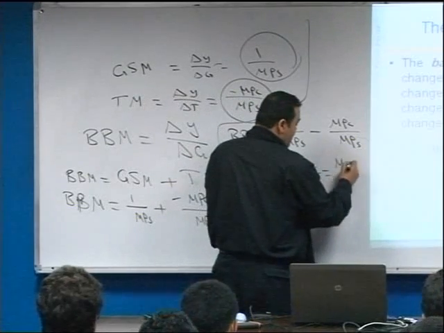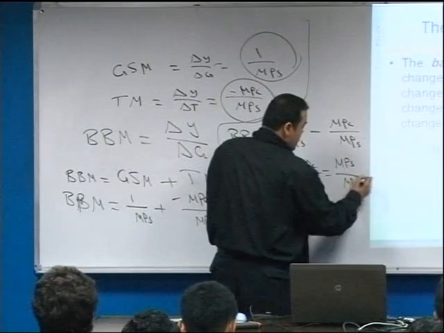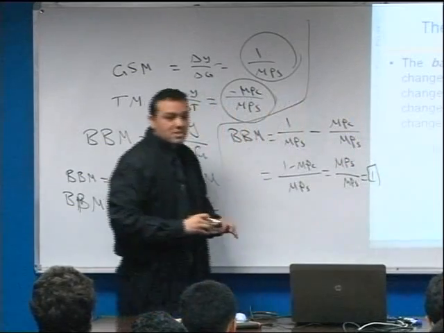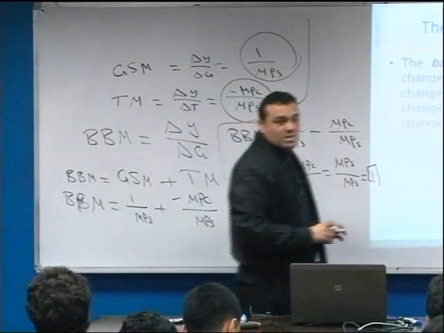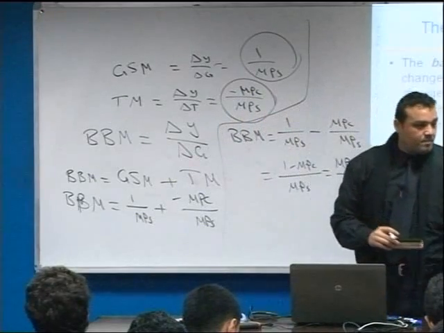MPS. So MPS over MPS equals 1. So the balanced budget multiplier is always equal to 1.